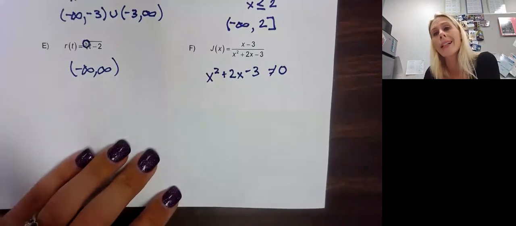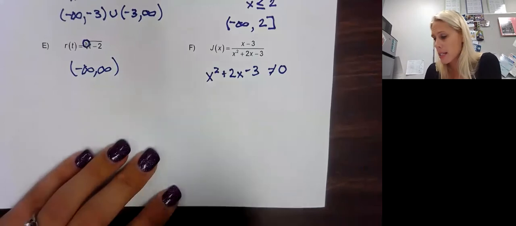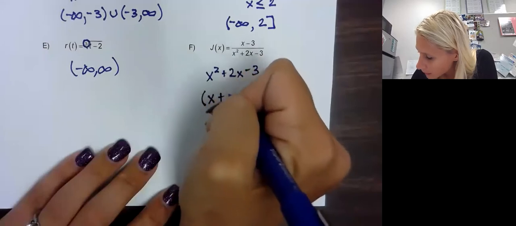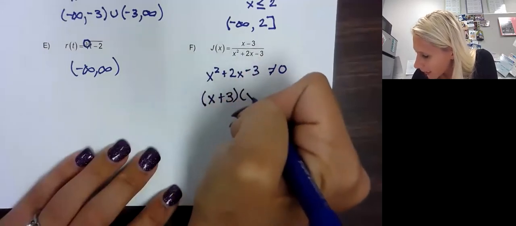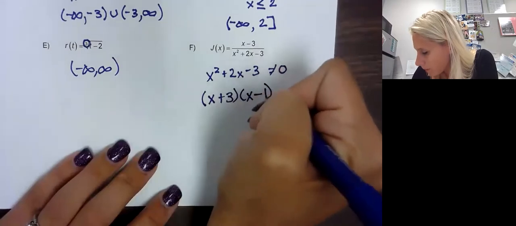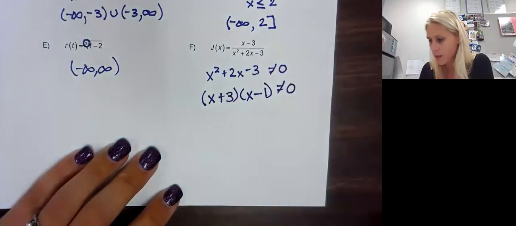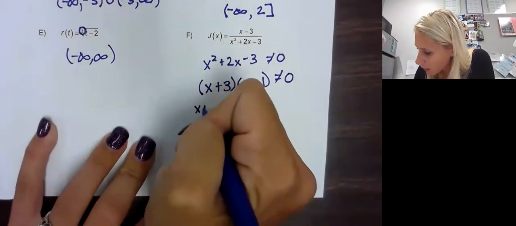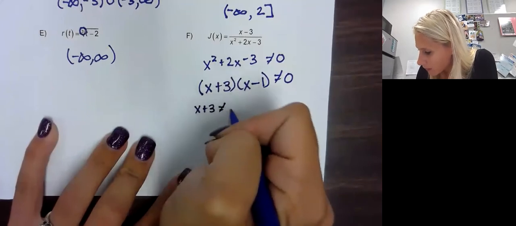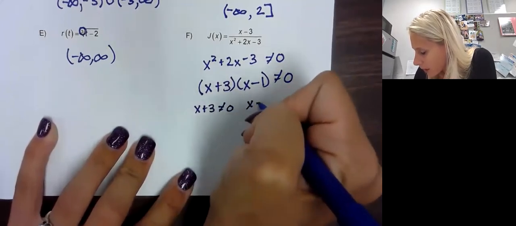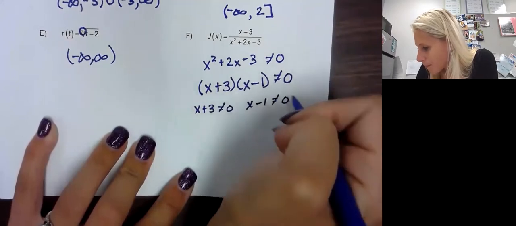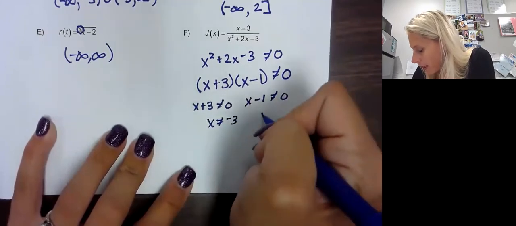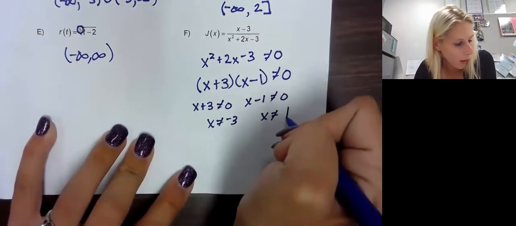But I want to do that separately and one-on-one during class. So this would give me x plus 3 times x minus 1 cannot equal 0. Okay, now there's 2 parts. So I have to ask myself, x plus 3 cannot equal 0 and x minus 1 cannot equal 0. So x cannot be -3, and it cannot be 1.